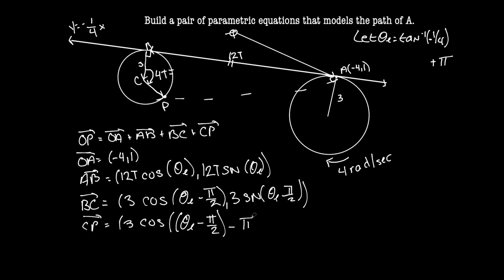So that will allow us to be looking at P. And then same situation, but sine this time, because it's the y. And then x of t would be the sum of the x components, y of t would be the sum of y components. So like negative 4 plus 12t cosine, etc.